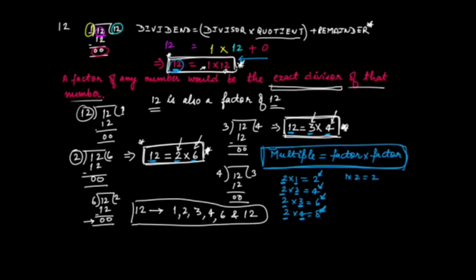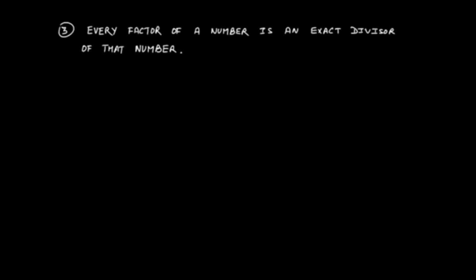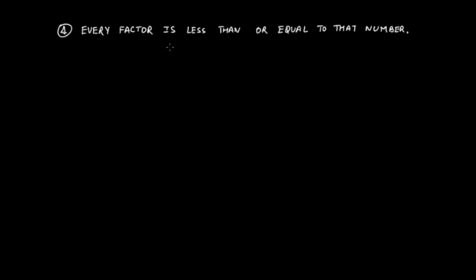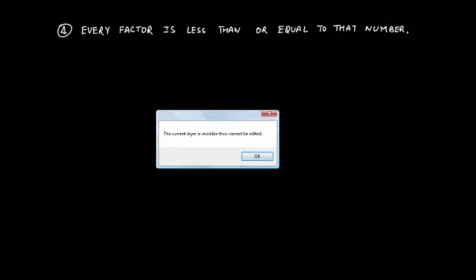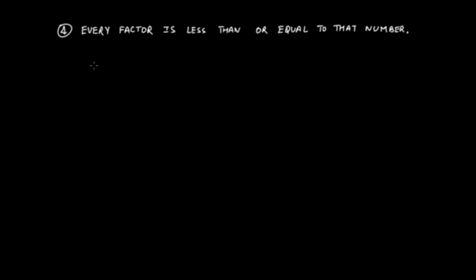This sentence says that every factor is less than or equal to that number. For 12, we saw that the factors were 1, 2, 3, 4, 6, and 12.